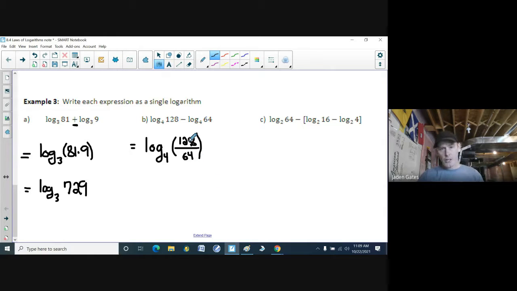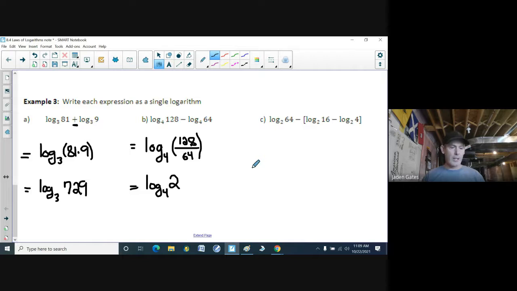Then I guess I could divide those two. 128 divided by 64 is actually just a 2. So I could say that it's the log of base 4 with just a 2 here. So again, that's just simplifying our log.